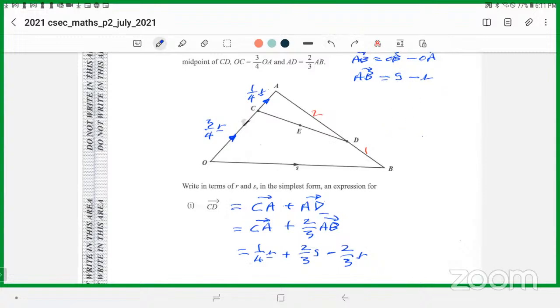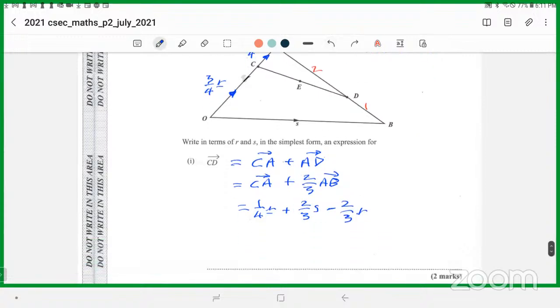So this becomes 2/3 AB. Then as always, you consolidate your values. This is the only S term in it, so I'm going to write that back first, 2/3 S.